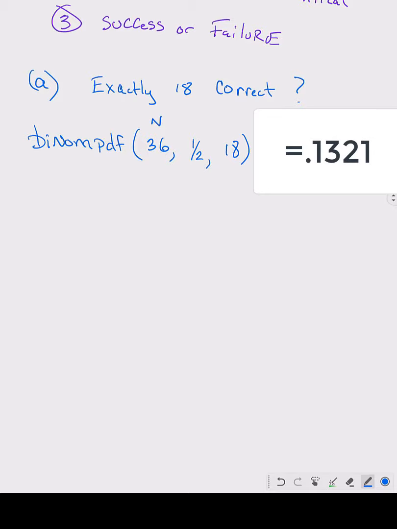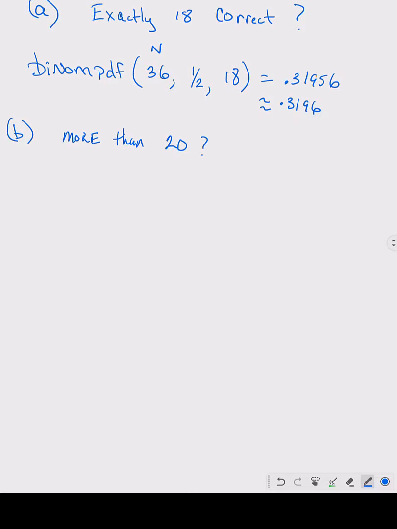For the second part, it asks what is the probability the subject would guess more than 20 correct in a series of 36 trials. So part B is more than 20. Remember, we have to be careful about something.